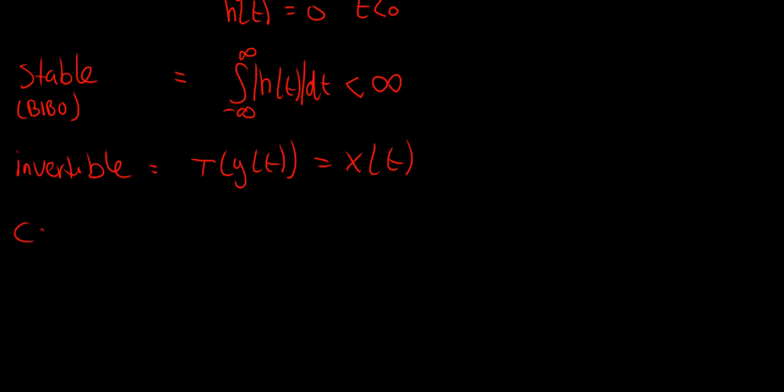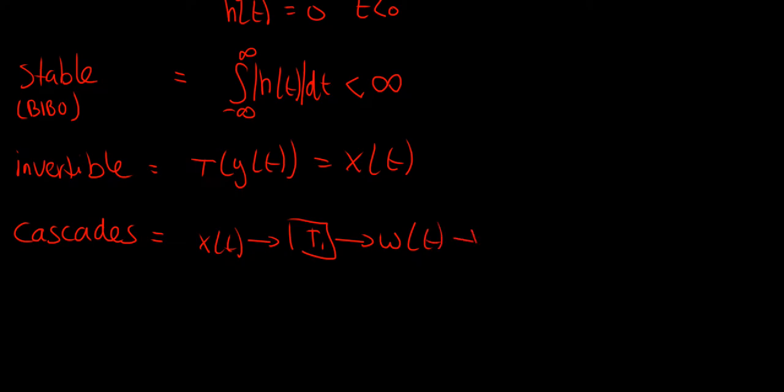And we have cascades. Cascades we will talk about more in the last video. But if we have an input function, it goes into a system, T1. What we get out is, let's say, w(t). And it goes into another system.